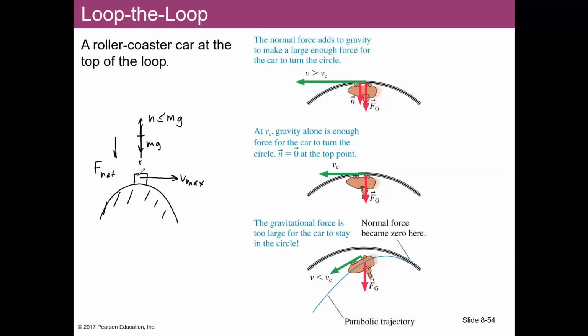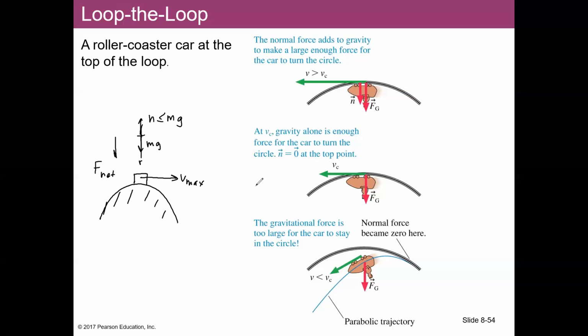The situation just changes if you take it too quickly. In fact, if you sum the forces, now you get n minus mg equals the same mv squared over r. Actually, there's a minus sign.